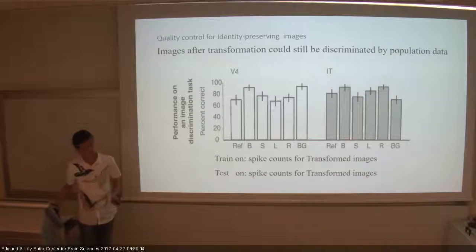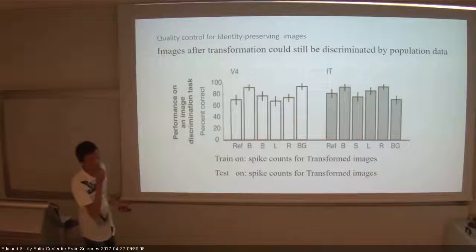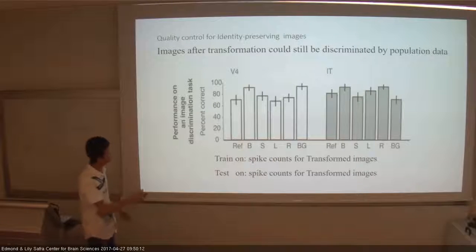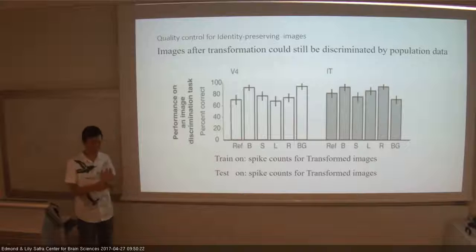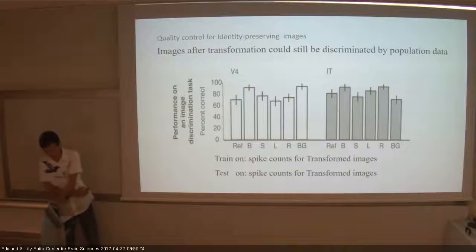But is this the individual neuron you're talking about here? You said performance. What do you mean by performance? Because it's not the individual neuron, right? Yeah, this is a group of population data, as what we saw before. Exactly. Is that clear to everyone? Is that too fast? Please ask questions.